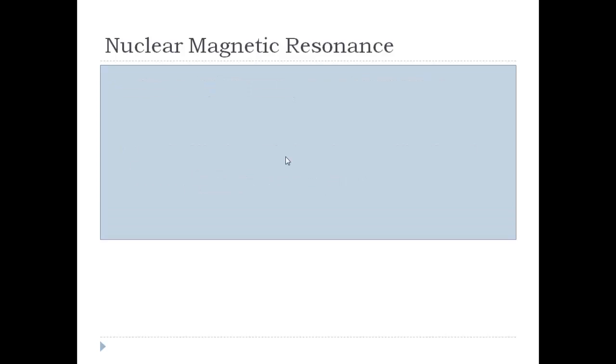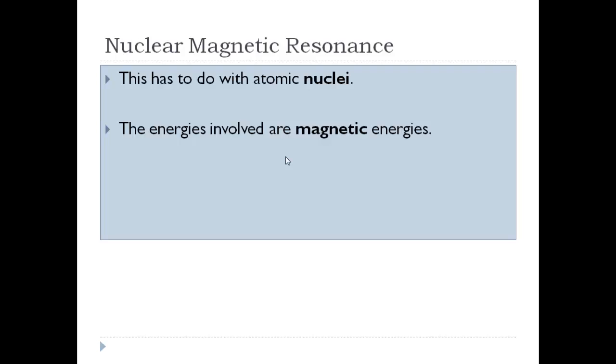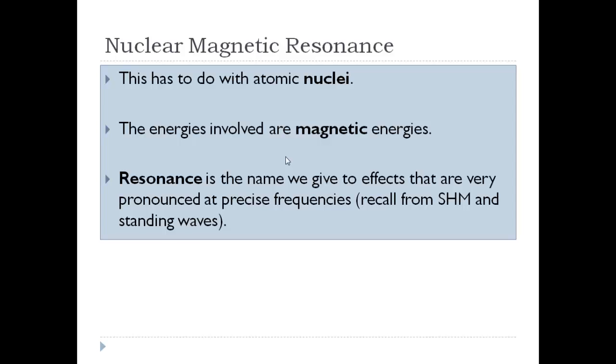Okay, so this phenomenon is called nuclear magnetic resonance, and just from the name we can deduce that it's going to have to do with atomic nuclei, and the energies that are involved are magnetic energies, and there's some resonance effect.